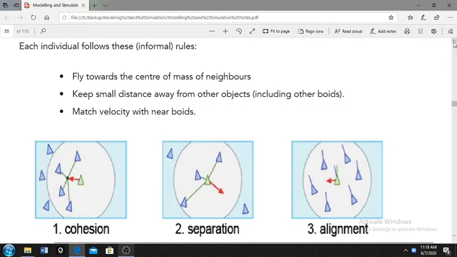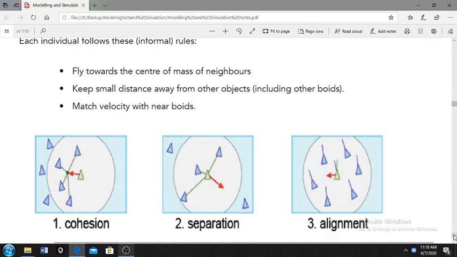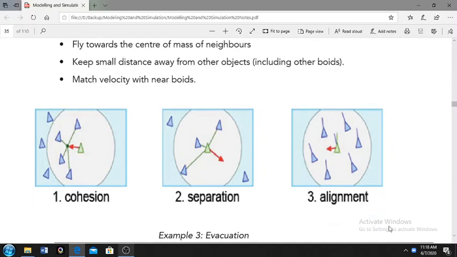Now in their movement, when agents move, there can be cohesion. Cohesion means they can be looking to reach the same point, or separation.